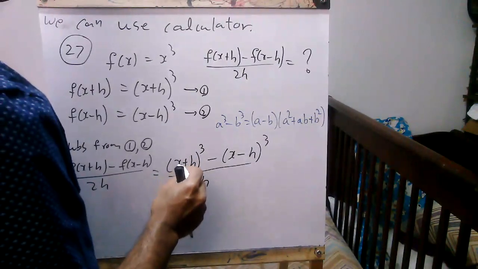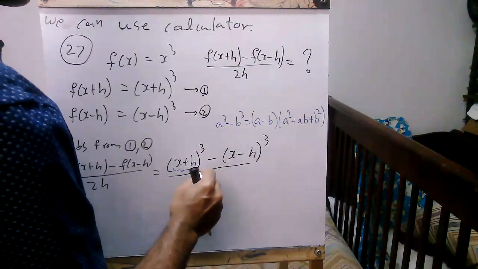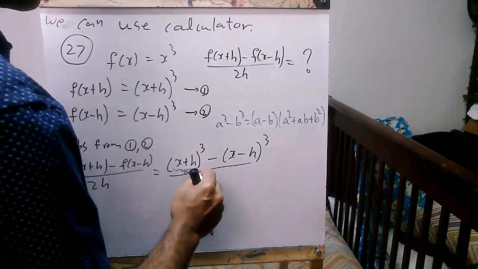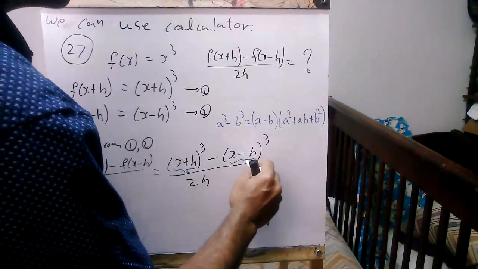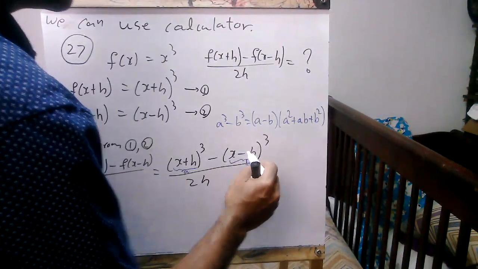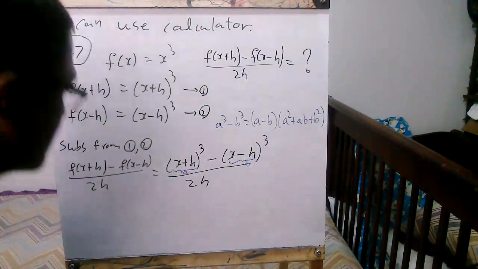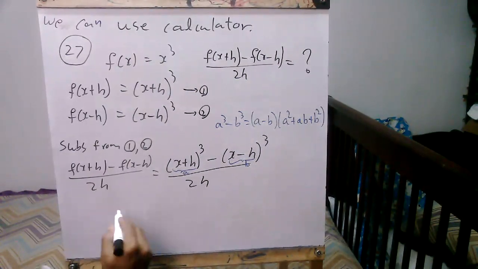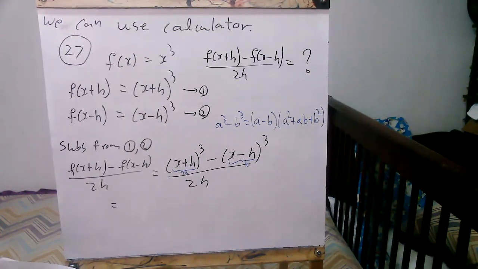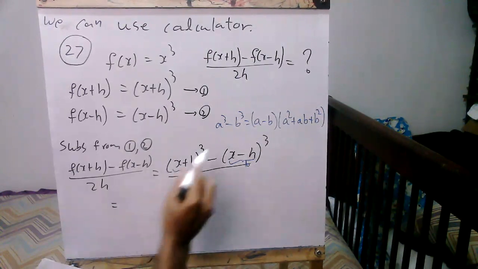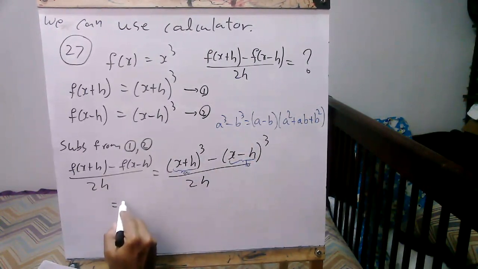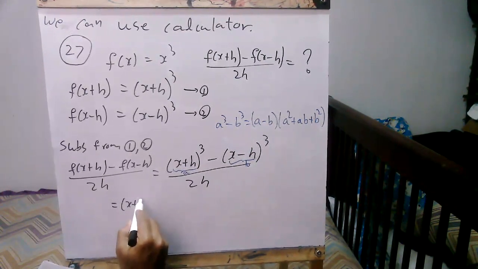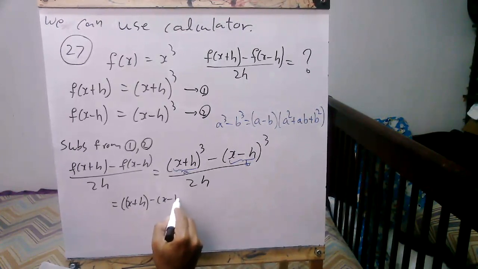This is your a, and this is b. When we substitute, we get a minus b, x plus h minus x minus h.